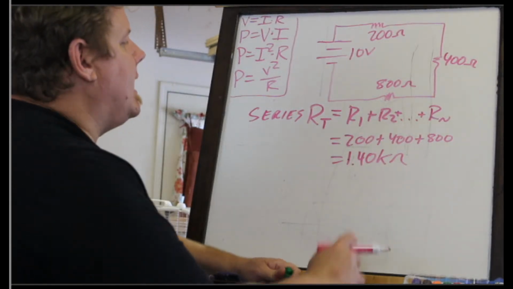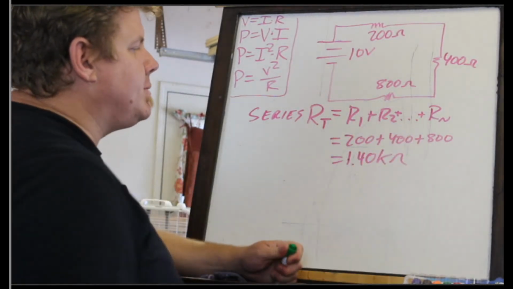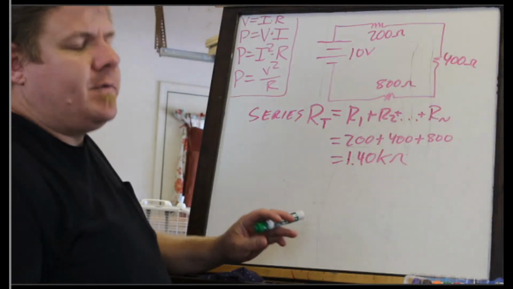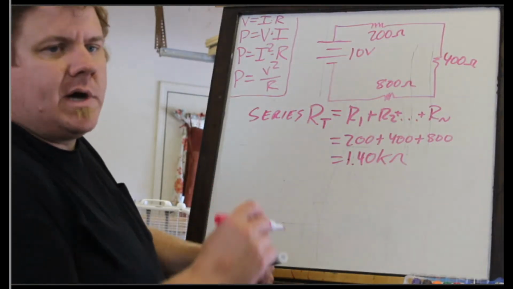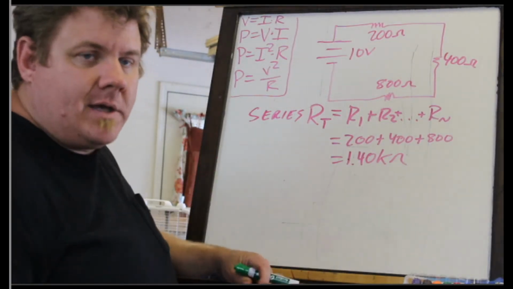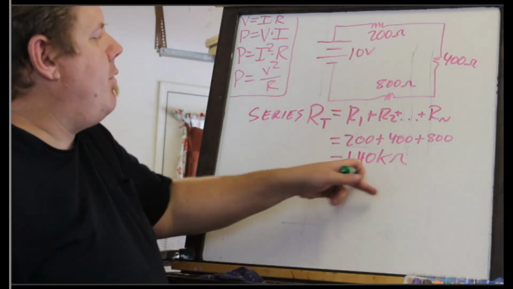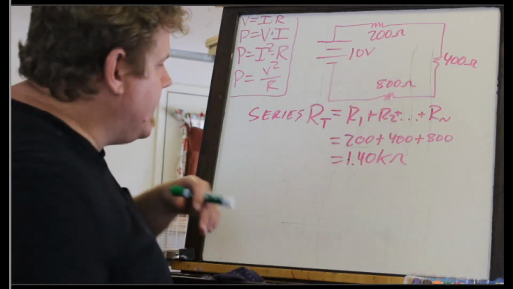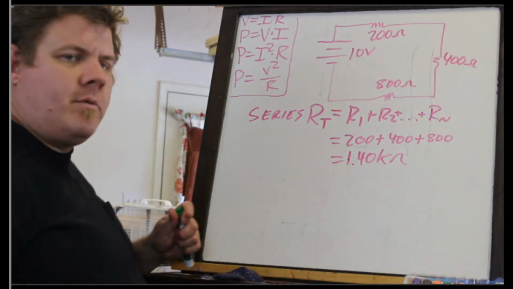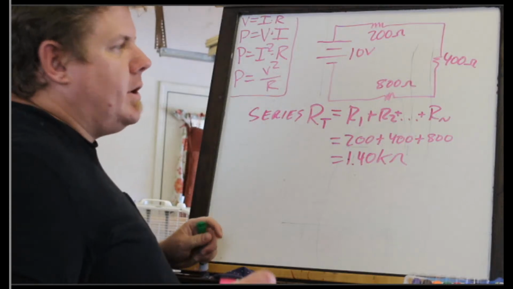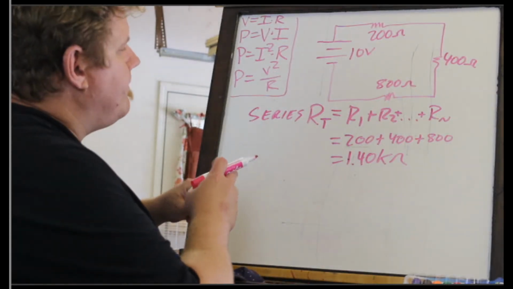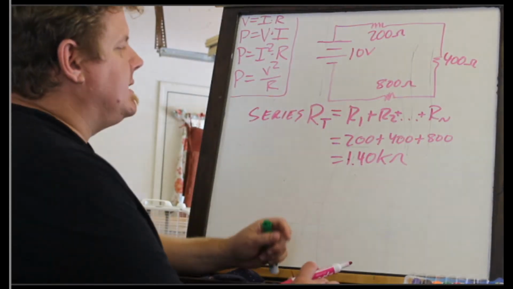We talked about that. If I type in 1,400 equals on my calculator, which is already set in engineering mode, it spits out 1.4 times 10 to the third. If that's confusing, go back and look at our lecture on engineering notation. So I have a total resistance of 1.4K.